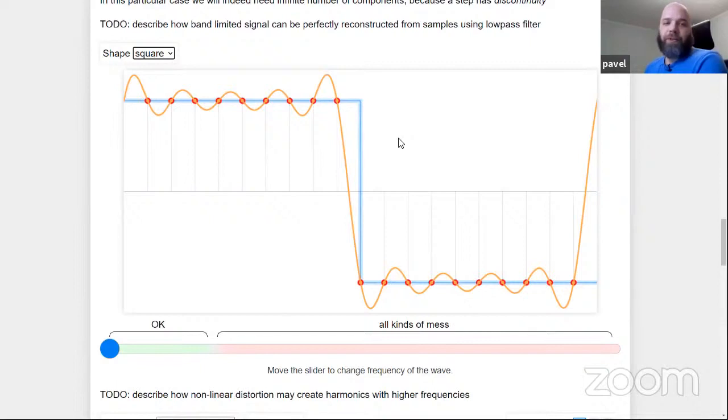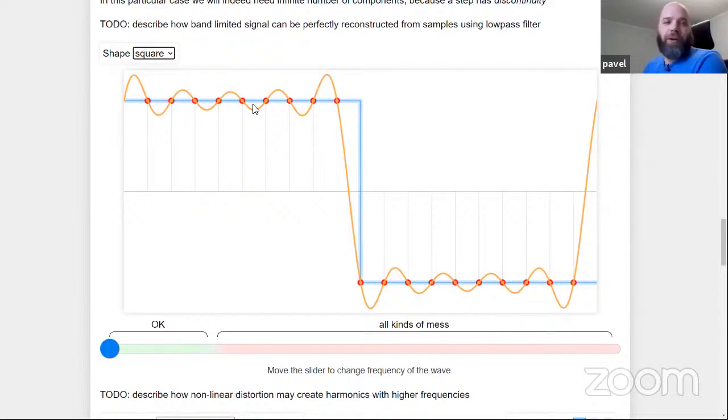And in practice, neither of these is possible, so we get a reconstruction like this. So we get some wavy approximation of the square wave.